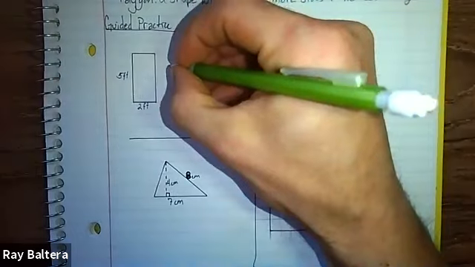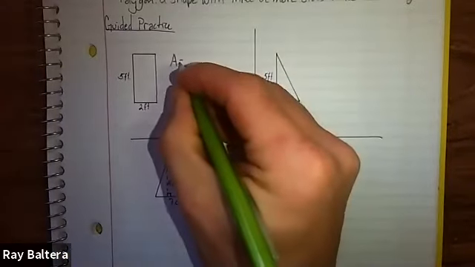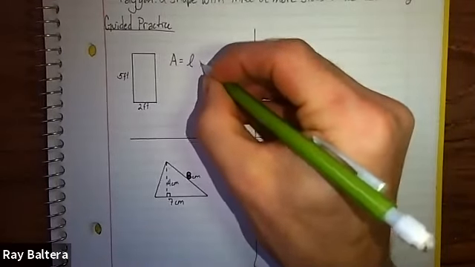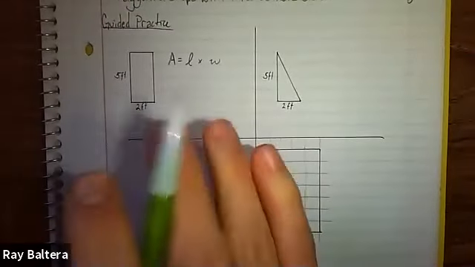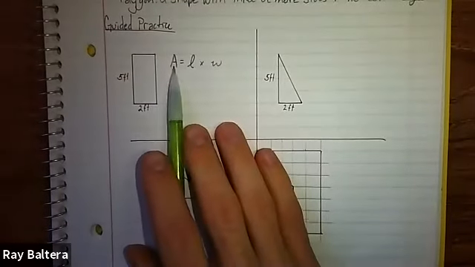In order to find the area of a rectangle, we need to do length times width. Now, when you do these, I highly, highly recommend that you write out the formula.